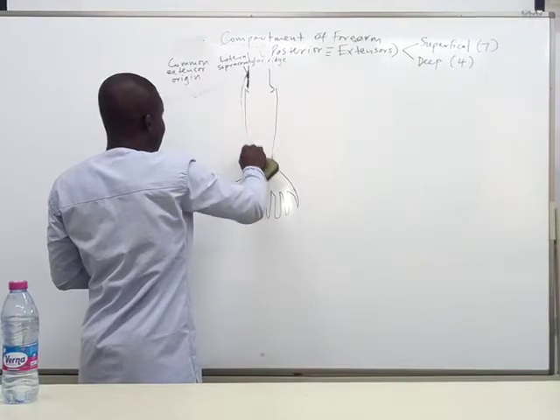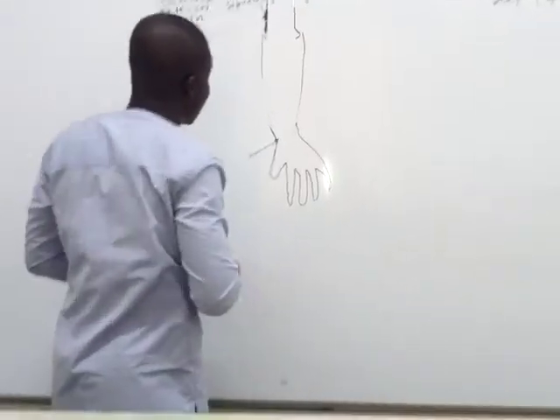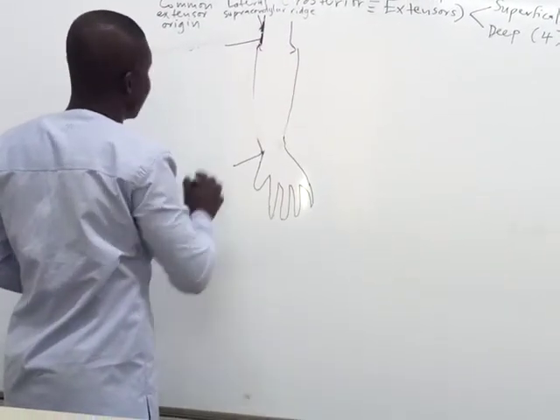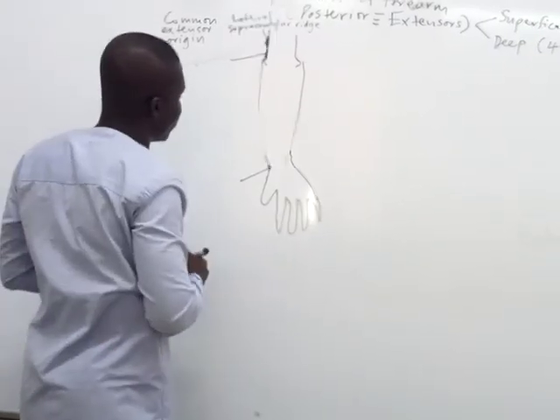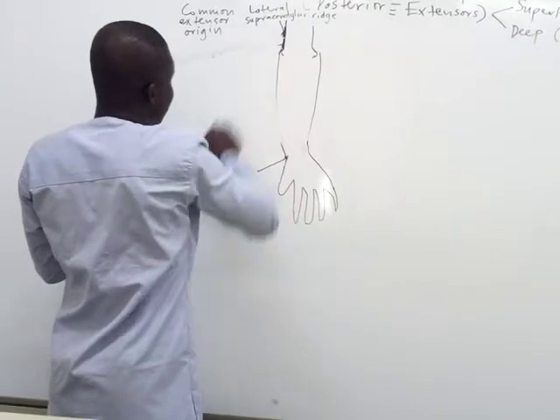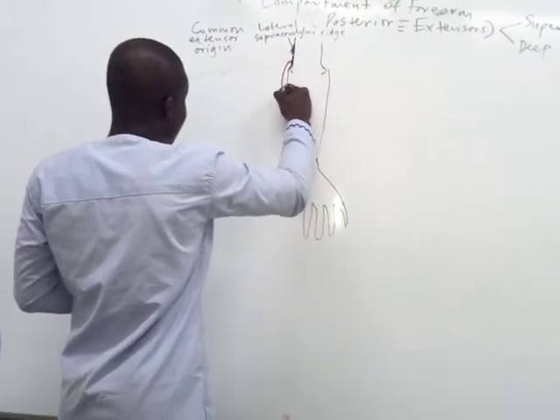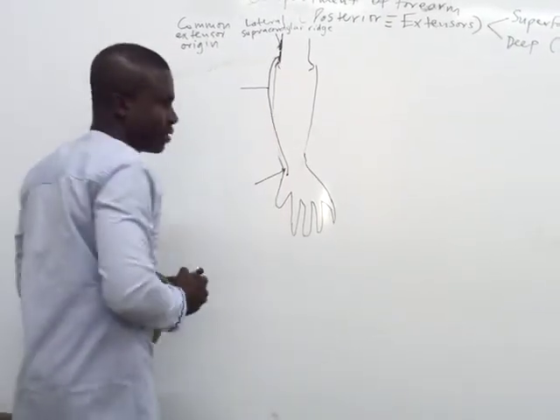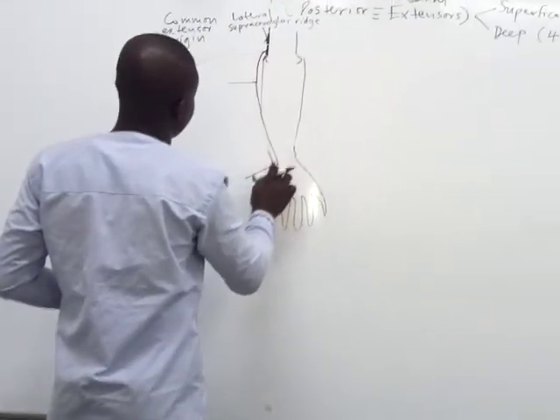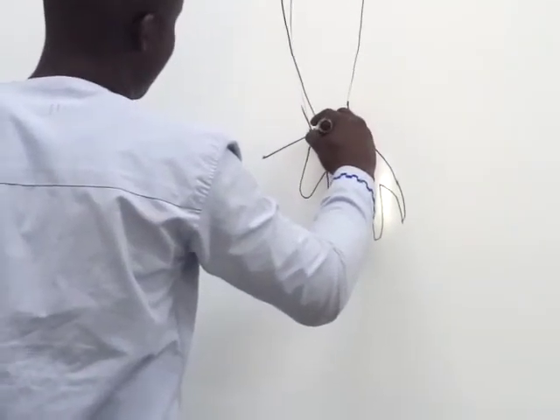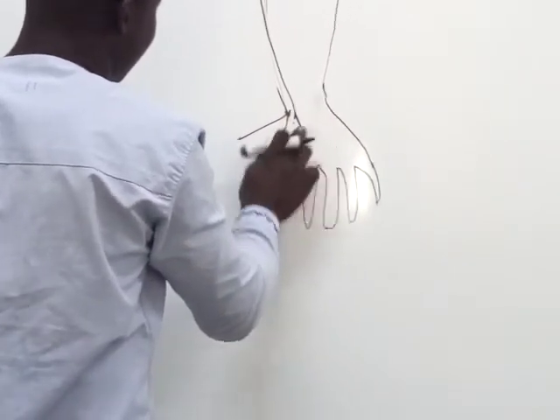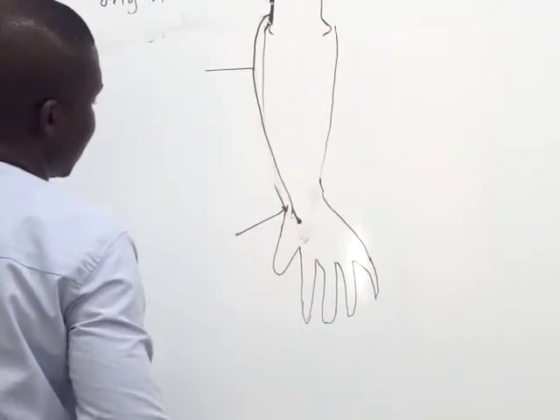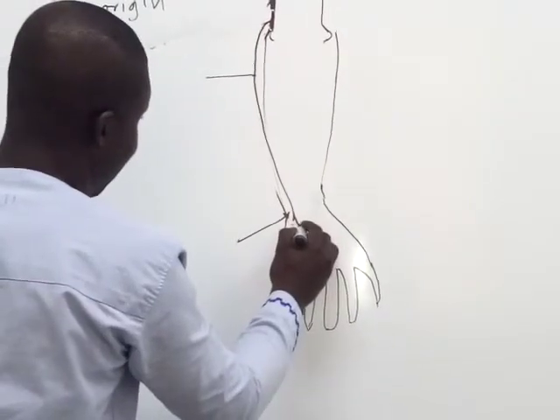Now, apart from this, there is another muscle, this time around taking origin from the lower aspect of the lateral supracondylar ridge, and it comes all the way and inserts on the base of the second metacarpal.